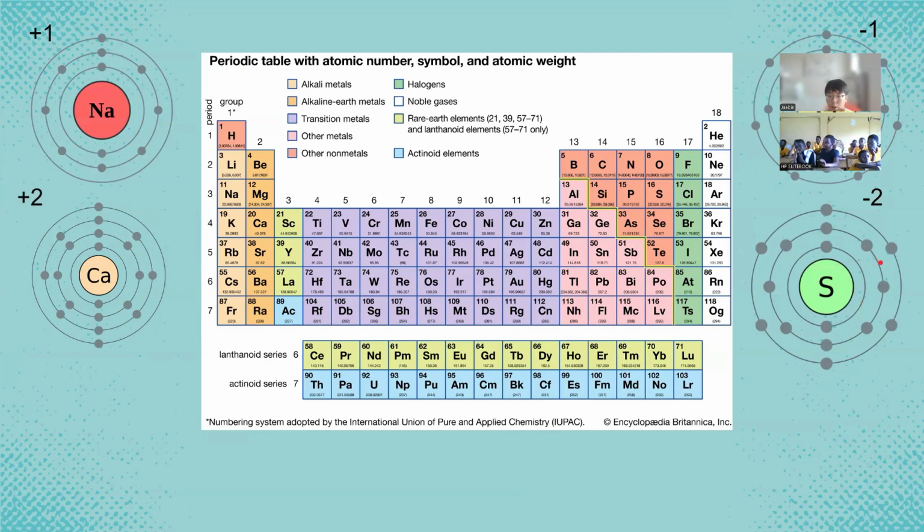And we will come back to this when we learn about reactions. We will have another unit about reactions, and you will come to see that this reaction is called ionic reaction. It's called ionic bonding. But that's for later chapters.